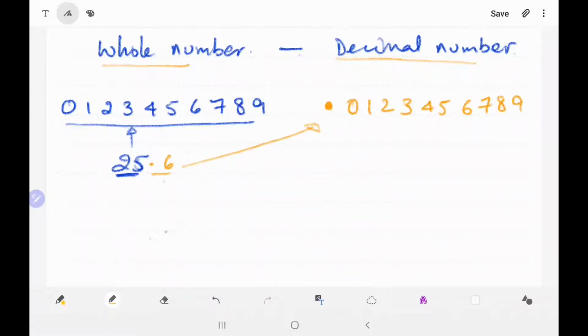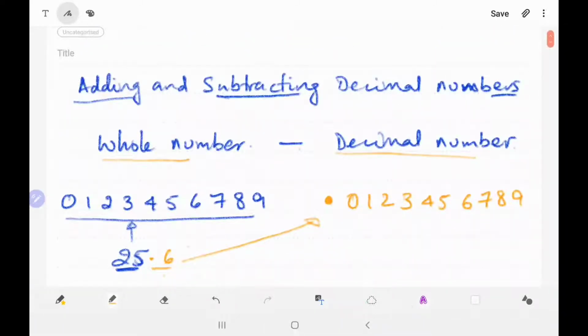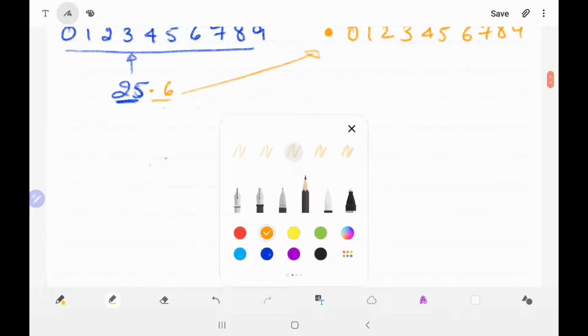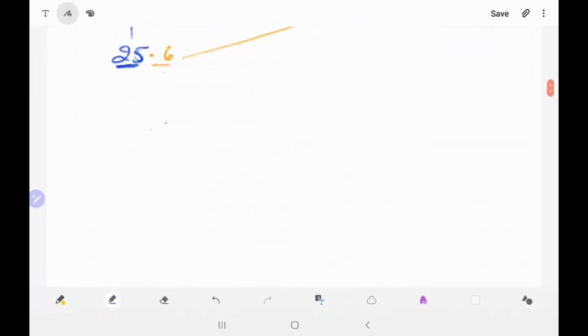Okay, so straightforward stuff. The lesson is about adding and subtracting, so let's see how we could add and subtract using decimal numbers. There's a small difference, so let's find out.